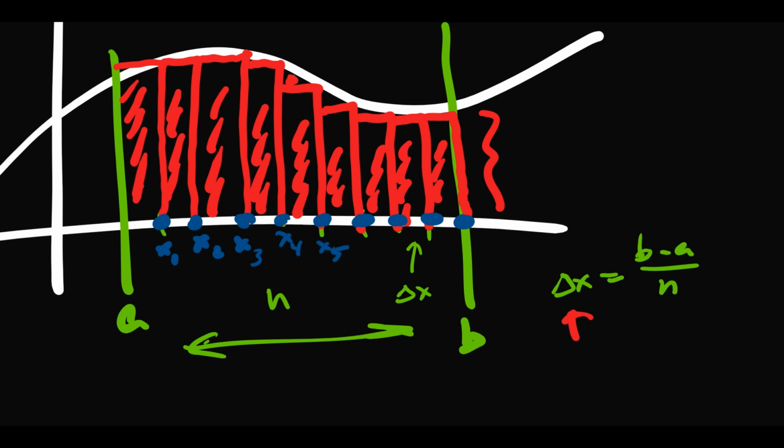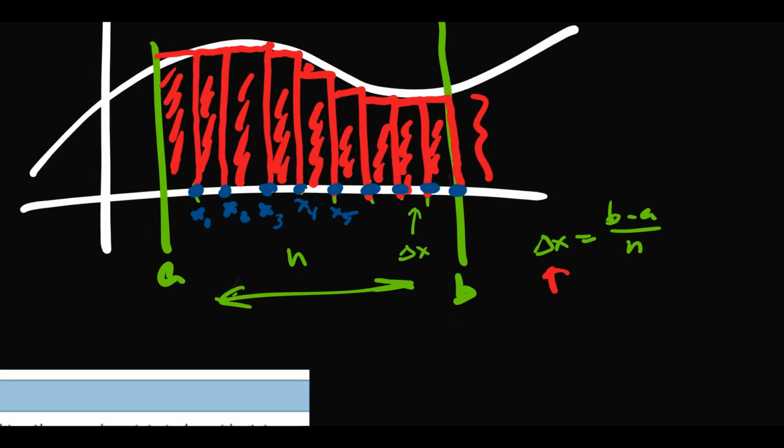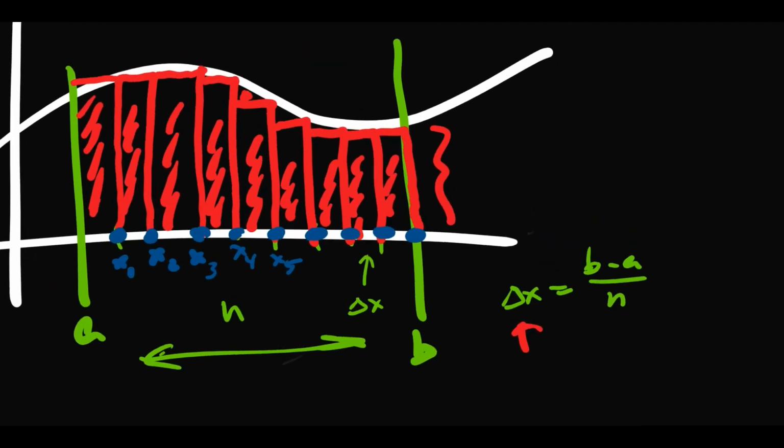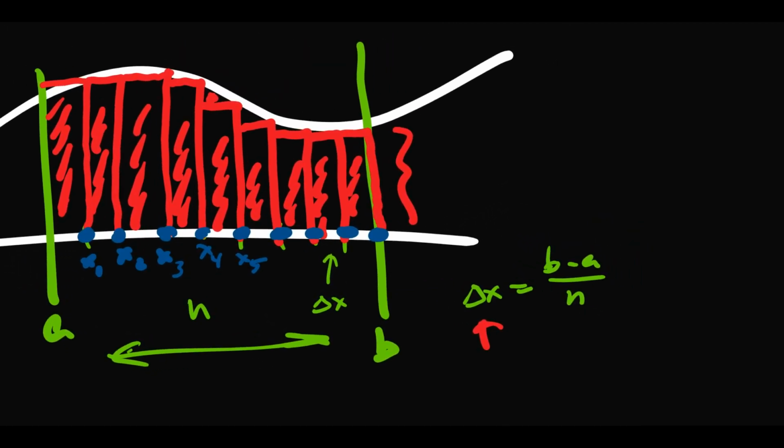For example, the area inside the last one, let's say it's x sub 9, will be f of x sub 9, whatever that is, times delta x.